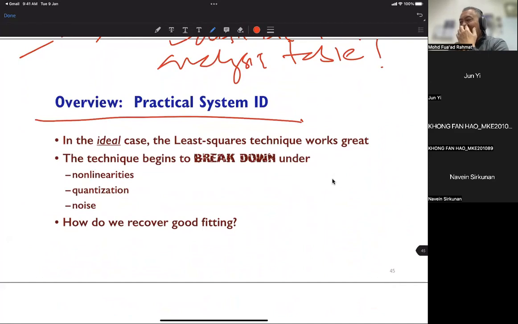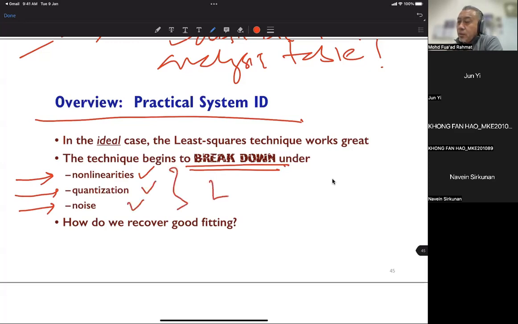This technique actually works great, but when it comes to non-linearities, quantization and noise, it breaks down a little bit and has drawbacks. We need to overcome these issues of non-linearities, quantization, and noise in the basic least square estimator.